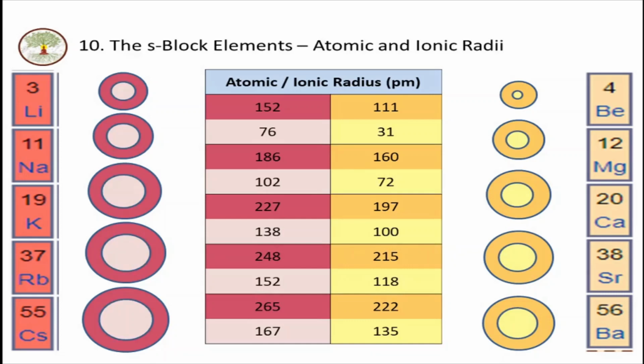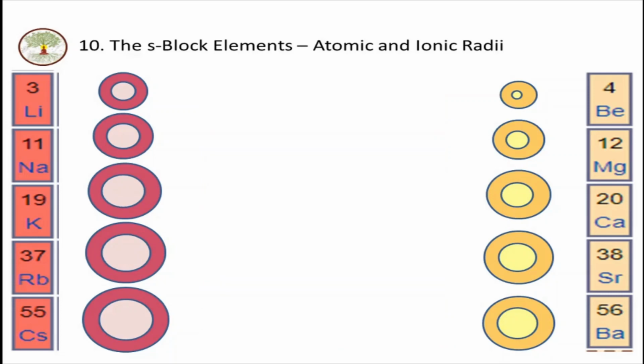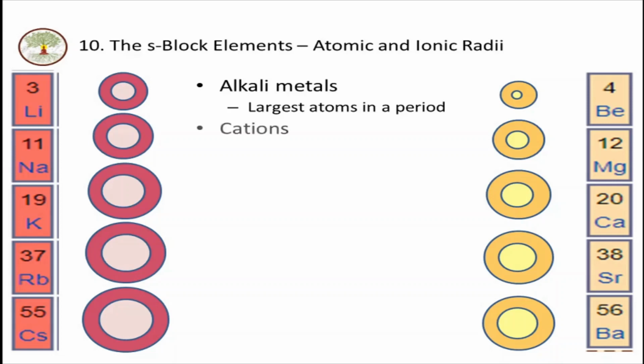It increases down the group and decreases across the period. It can be noted that alkali metals are some of the largest atoms in the periodic table. Size of cations is always smaller than the parent atom.